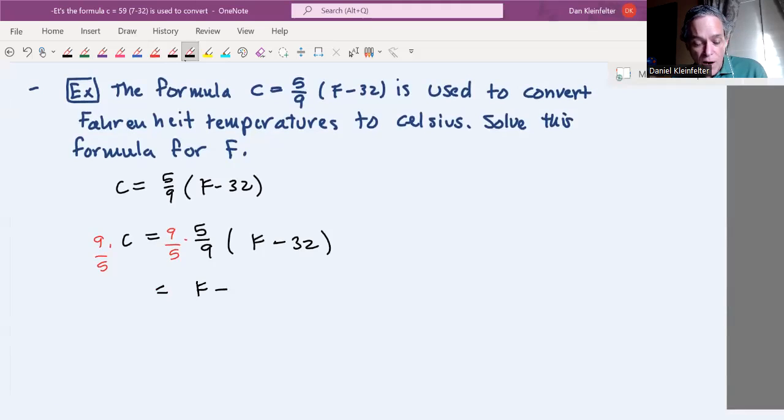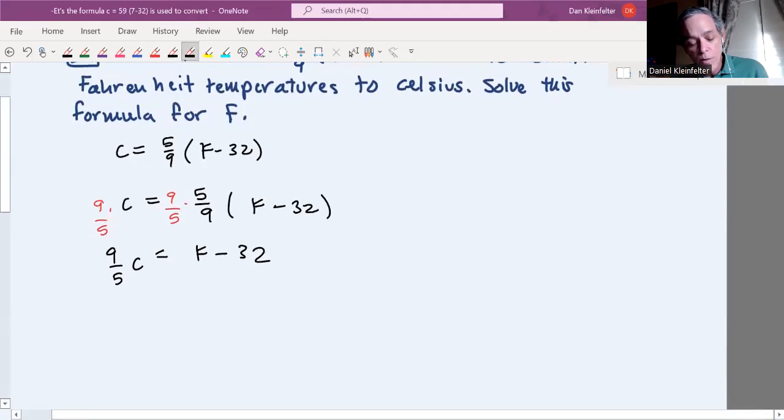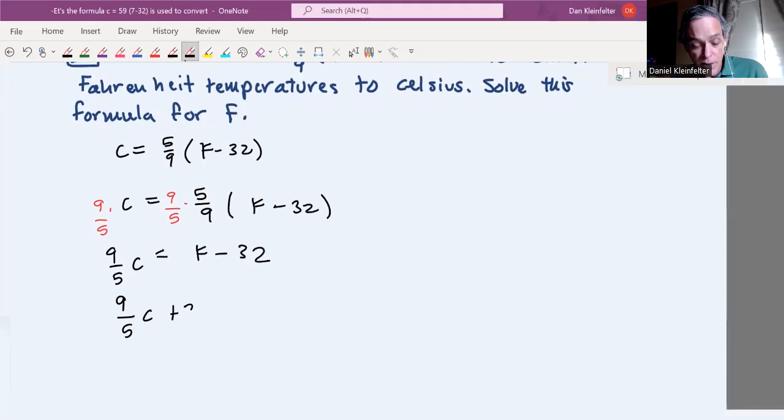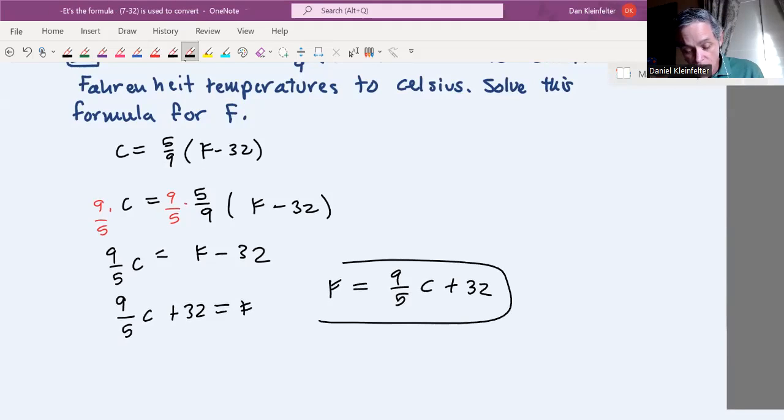So after doing that, our right side will just be F minus 32, where our left side will be 9/5 C. Now, to get F alone, we will add 32 to both sides, getting 9/5 C plus 32 for our F. I like to rewrite those so the variable we were after is on the left, but that's not totally necessary. But anyways, we're done with solving a formula for a variable.